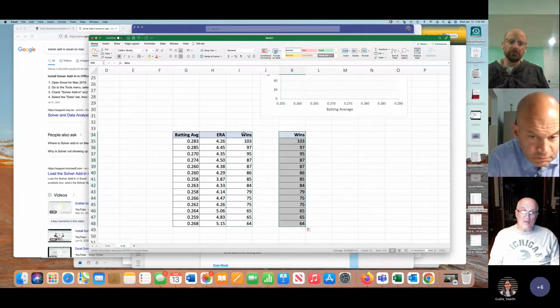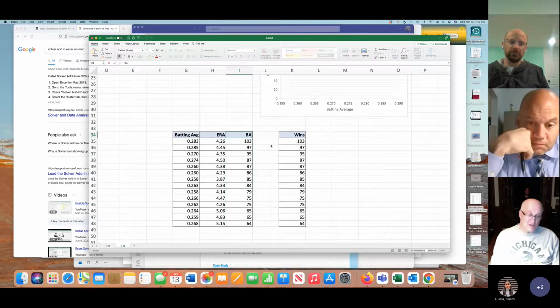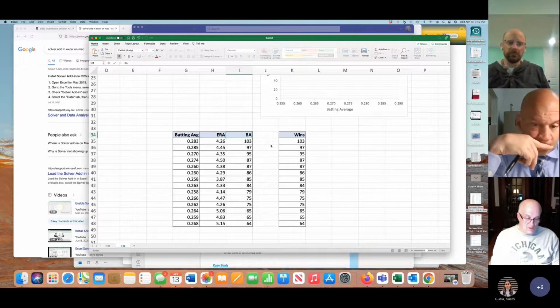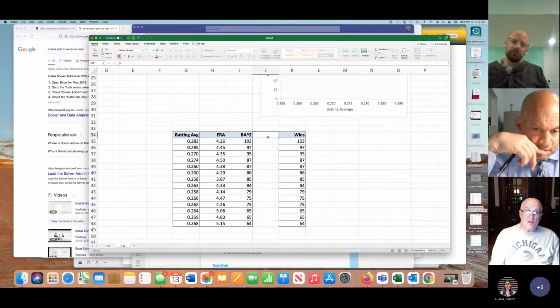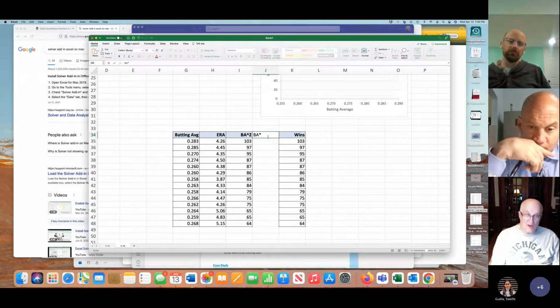And I'm going to add two more variables. I'm going to use batting average squared. And I'm going to use batting average times ERA.